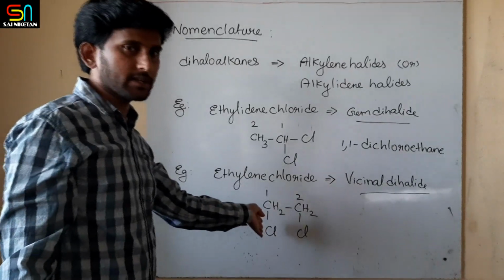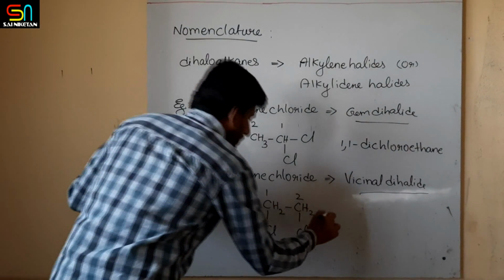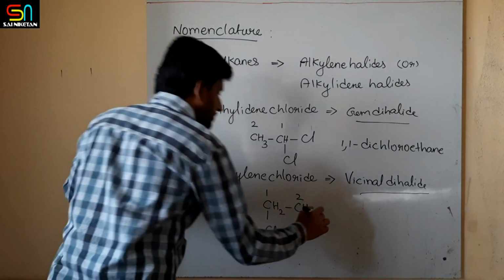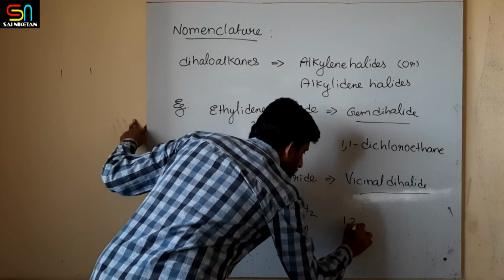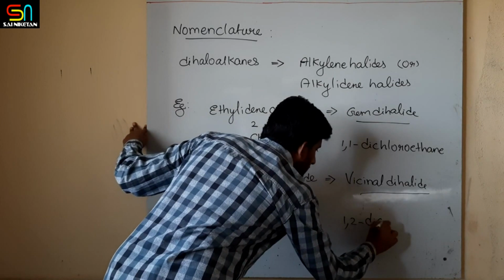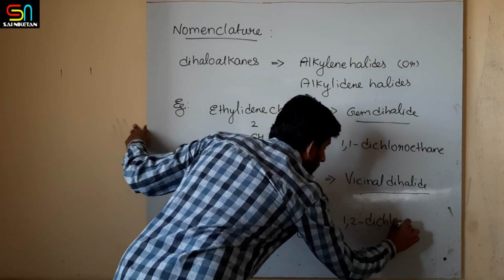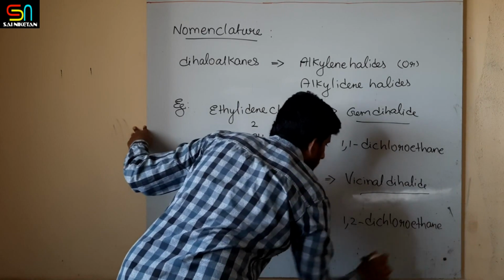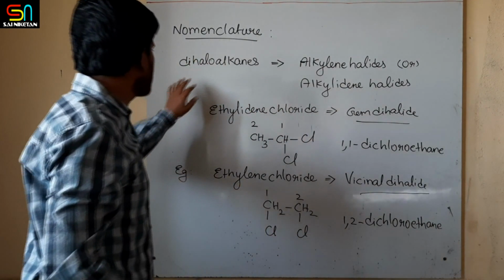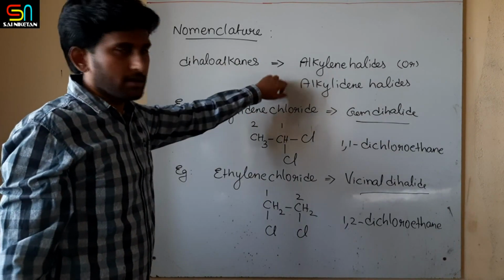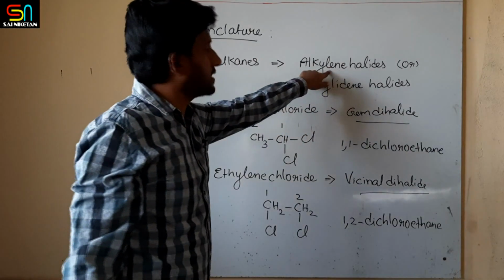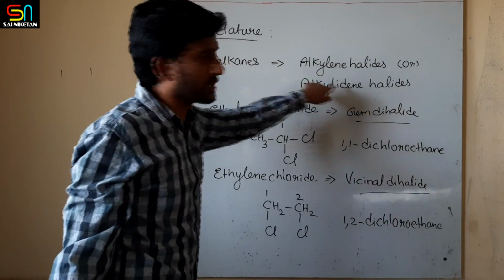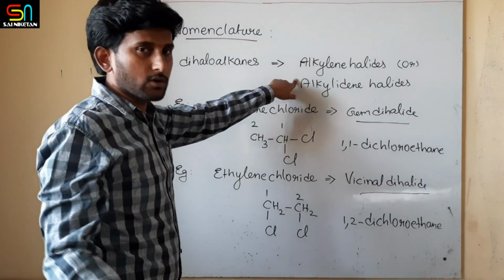So 1 and 2 I am writing like this. Now what will be the IUPAC nomenclature of ethylene chloride? It will be 1,2-dichloroethane. You should never get confused by these common terms. Here ene is there, so it may suggest a double bond, but that is the wrong notation.